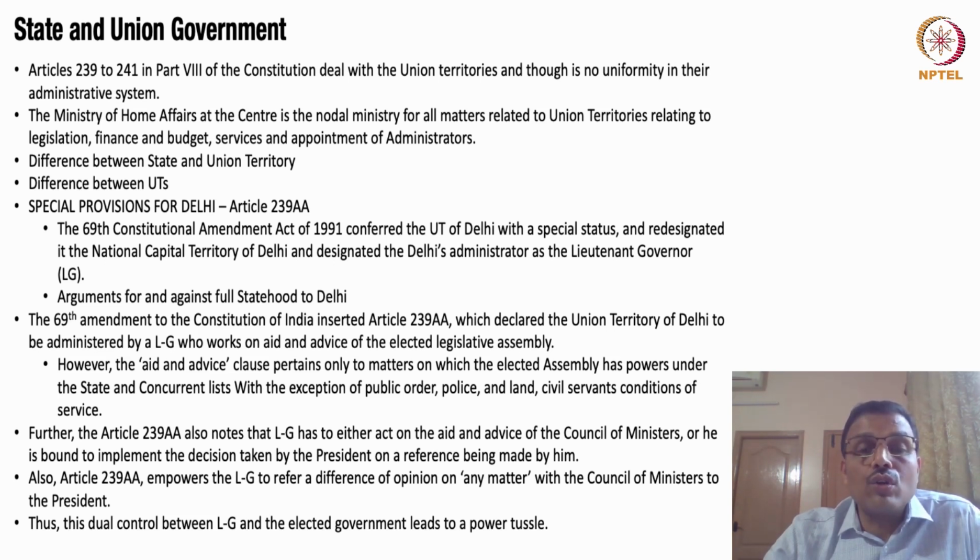Also, the union territories are quite centrally governed, and the president, through the aid and advice of, say, the lieutenant governor or the administrator in that place, takes care of all aspects, including police, public health, and others. Whereas you will notice that because there is the seventh schedule of the constitution, very often than not, anything that is done in the state government is entirely the prerogative of the state government.